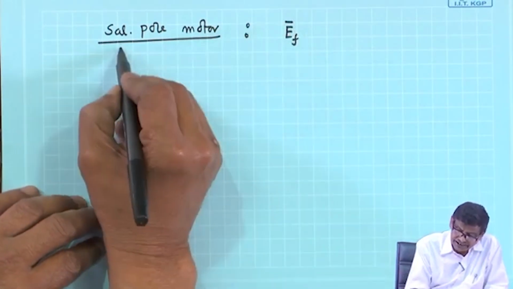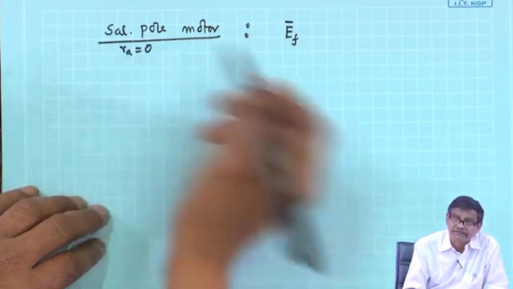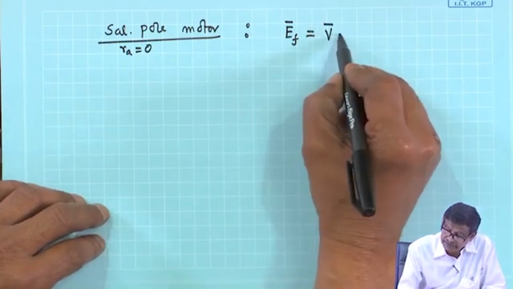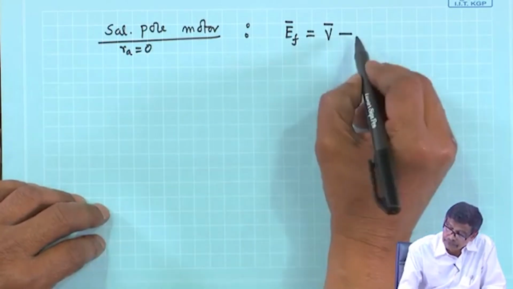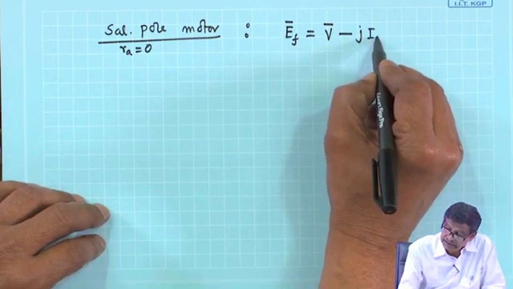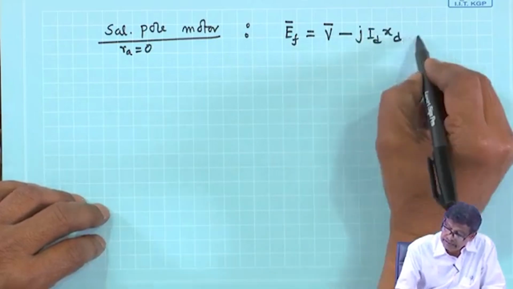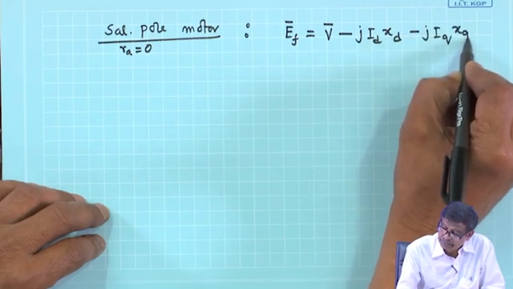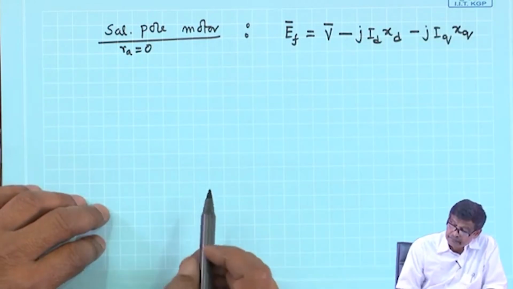EF with RA equal to 0, I will be sketching first. EF will be equal to the supply voltage minus the drops in case of motor. So, minus J ID XD minus J IQ XQ, that is the thing.